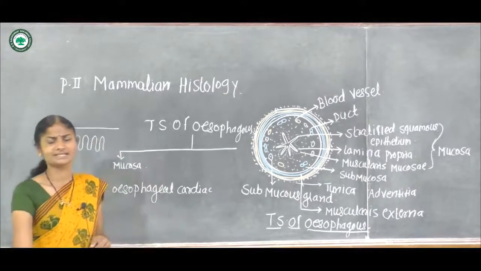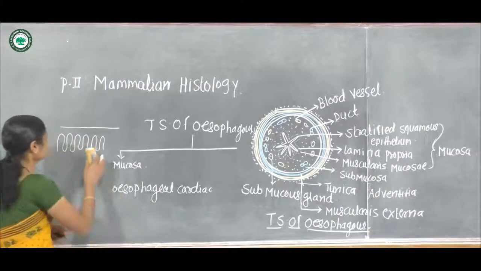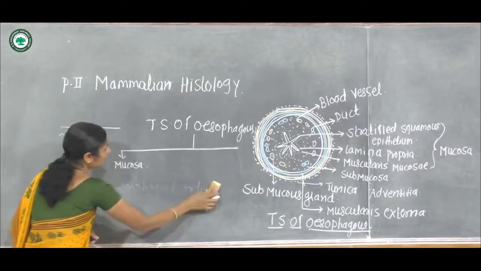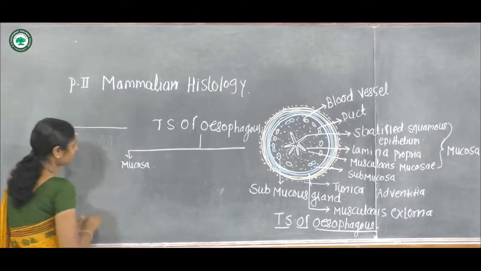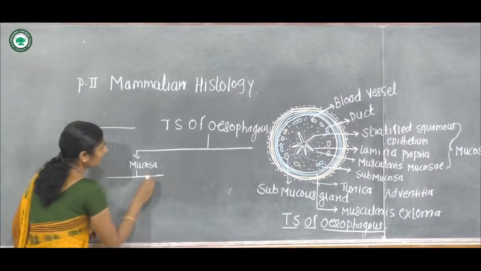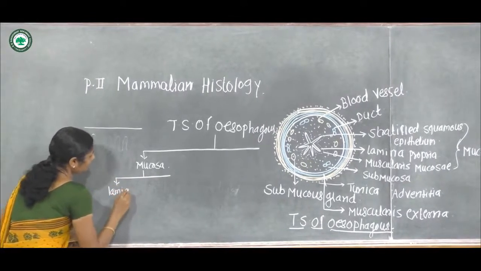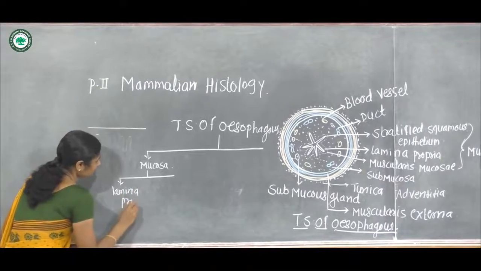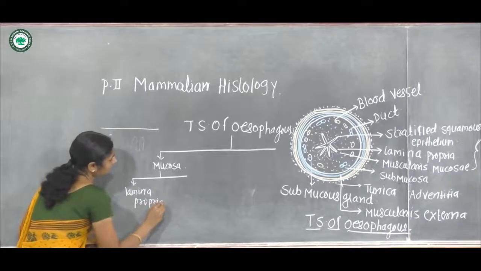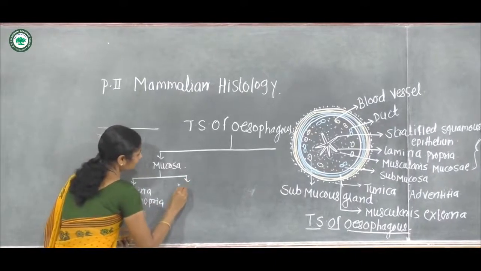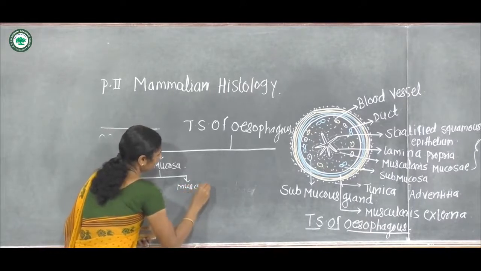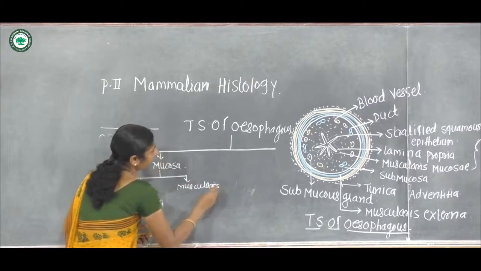The next layer is muscularis mucosa. The mucosa is again divided into two parts, the lamina propria and muscularis mucosa.